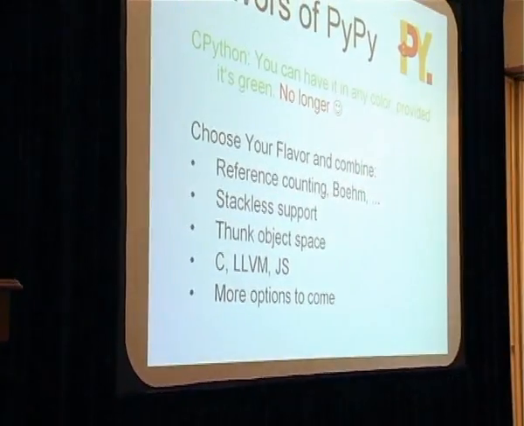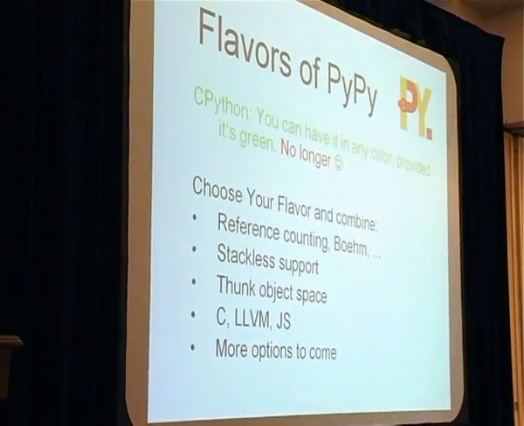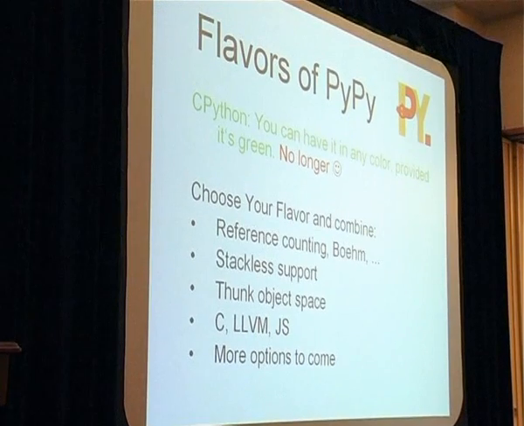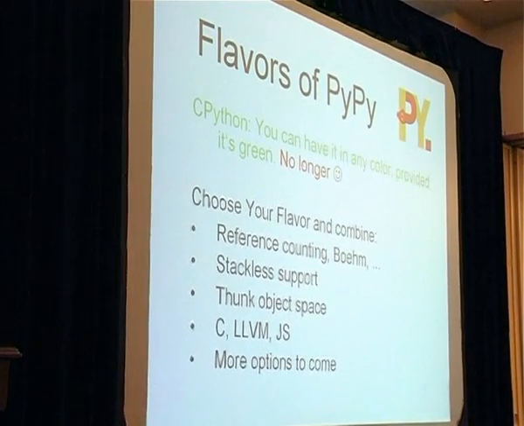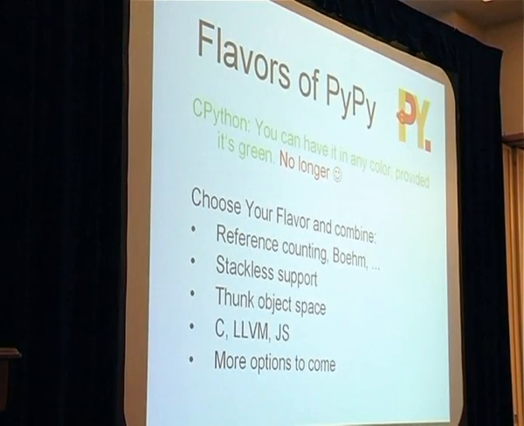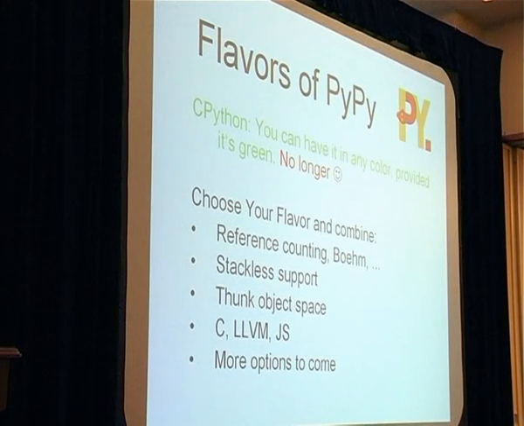Then there is an option to have stackless support, for instance. That means you can have the stackless extension included into PyPy without rewriting any line of code. It's just built into the code generator to be able to produce stackless support code. Other things are other object spaces which have different behavior, like the func object space or doing lazy evaluation.